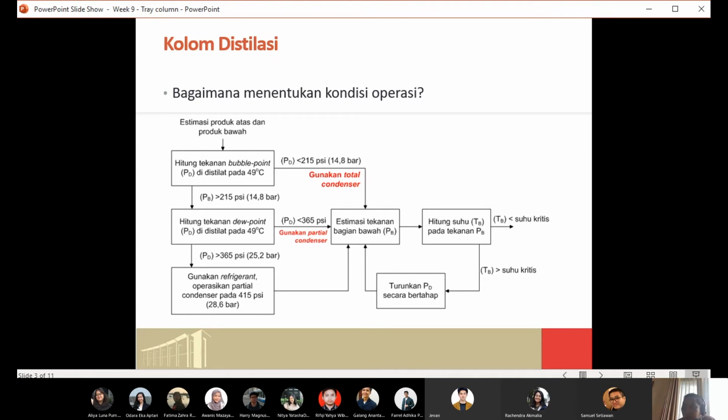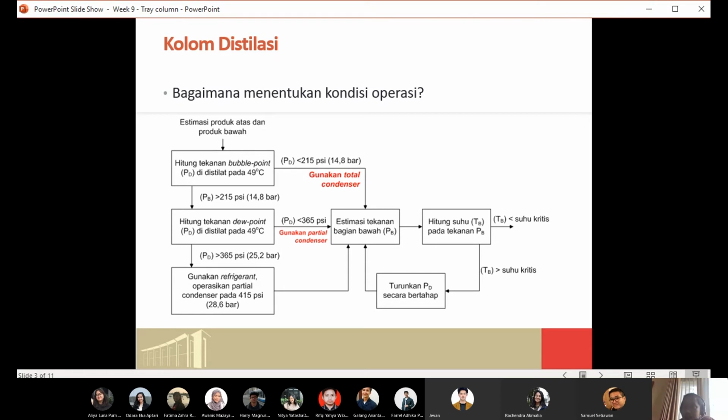If you are able to use cooling water or air cooler, because the price is quite cheap, please select that kind of cooling agent.